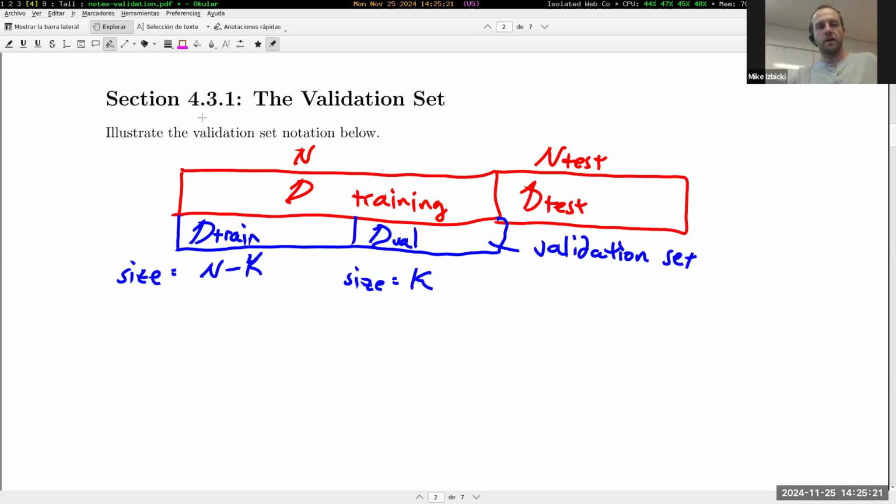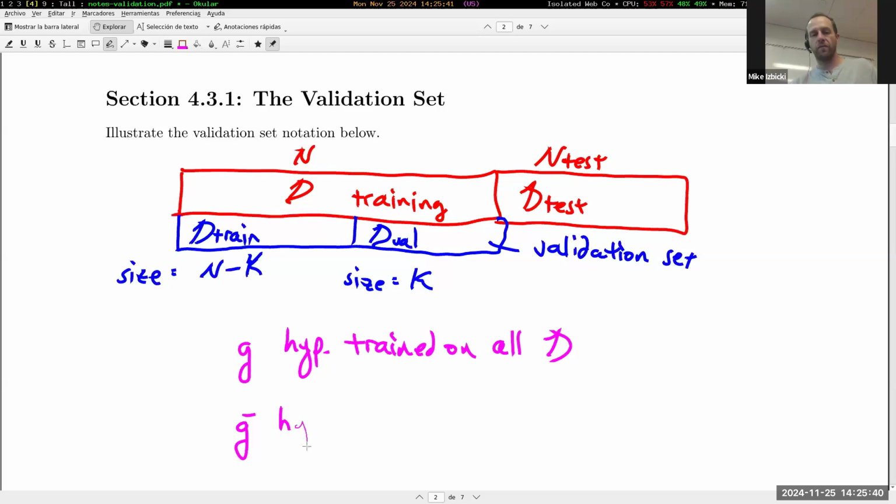Previously, we talked about where the textbook used the letter G for a hypothesis trained on all of D, the original training data set. They're now going to introduce this new notation G minus for the hypothesis trained on just D sub train, which is this subset of the full training data set right here.